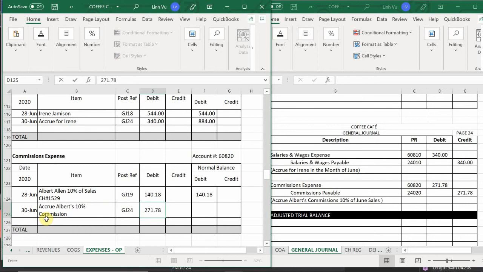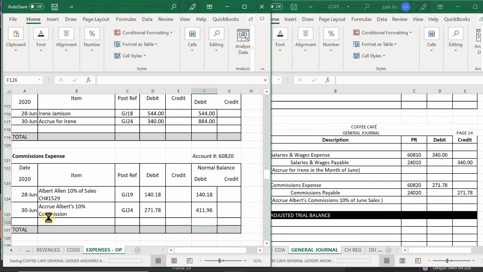So 1.78 plus 140 and 18, 411 and 96 cents.